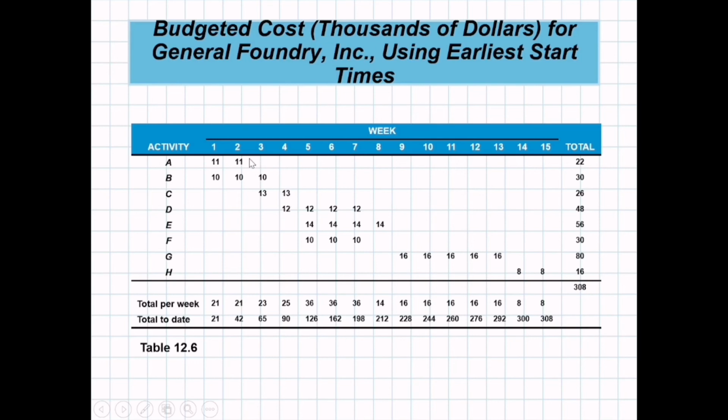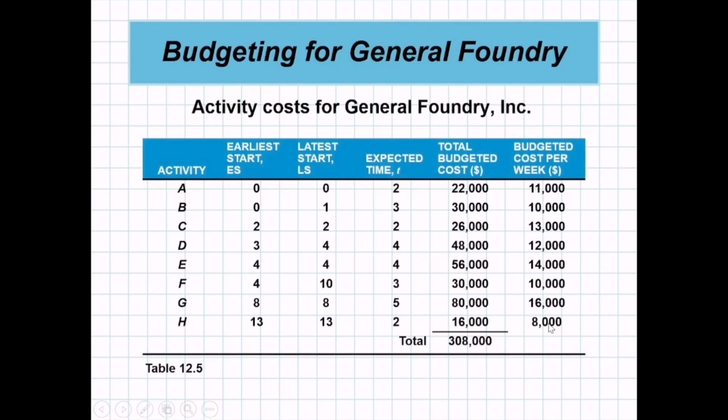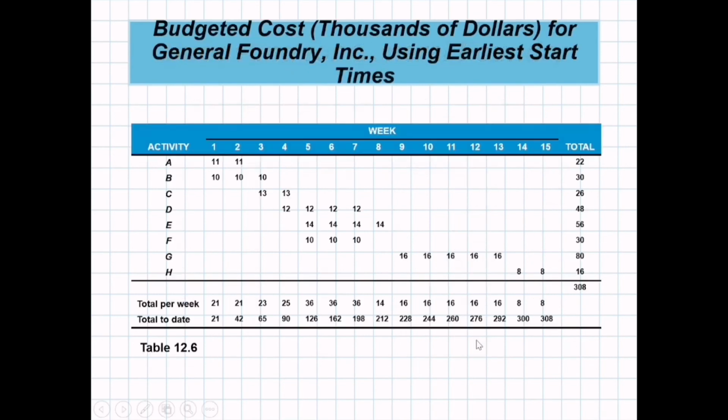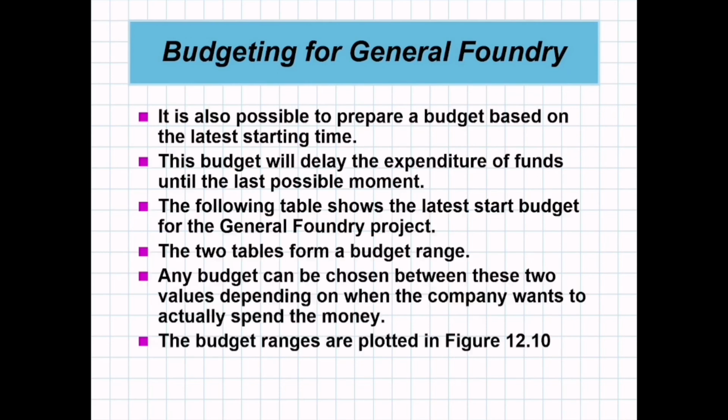We no longer account for activities A and B because they are done, 2 weeks and 3 weeks. Week 4, activity C 13,000, activity D 12. So that makes it 25. For total to date, you add the previous 65 plus 25. That's 90. So at the end of the project, the total is 308,000, which is the same as what we computed earlier, 308,000 at the end of the project.